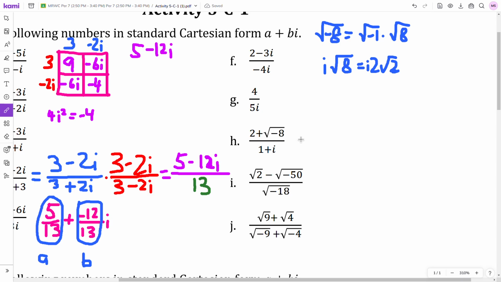All right. So what is this? Well, let's rewrite this here. So we now have 2 plus i root 8. Well, maybe I will write it as 2 root 2, i times 2 root 2 over 1 plus i.